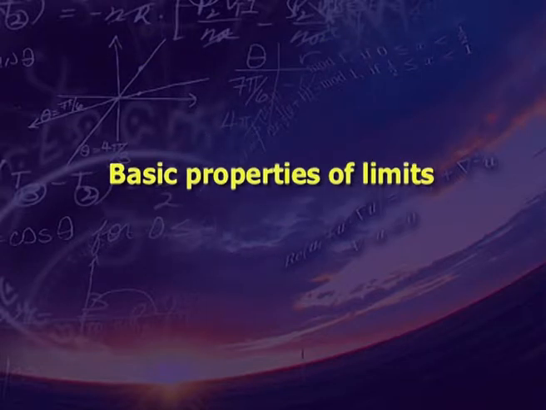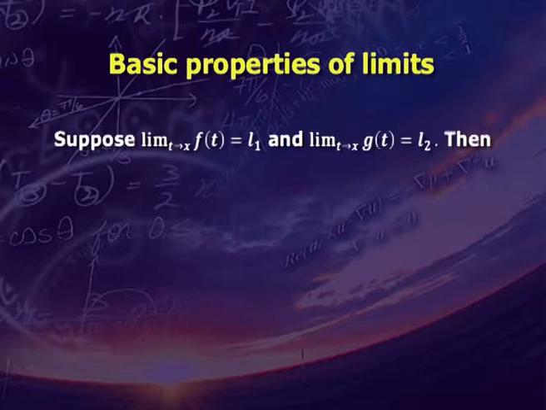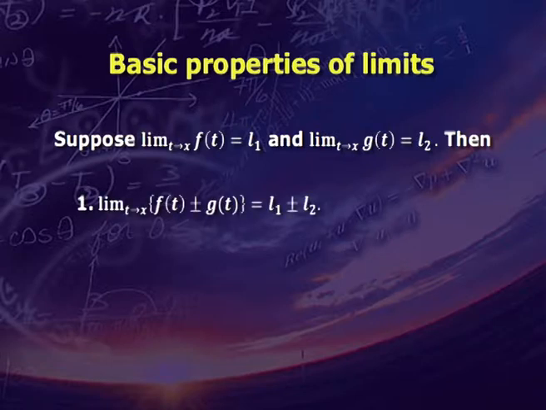Basic properties of limits. Suppose the limit of f(t) as t goes to x is L1 and the limit of g(t) as t goes to x is L2. Then: 1. The limit of f(t) plus or minus g(t) as t goes to x is L1 plus or minus L2. 2.